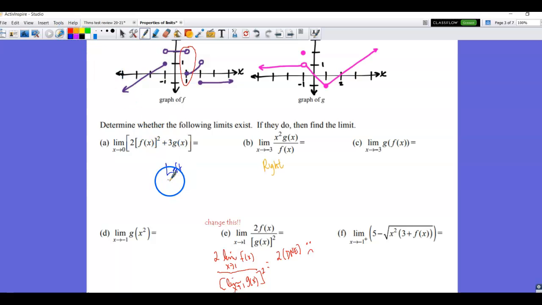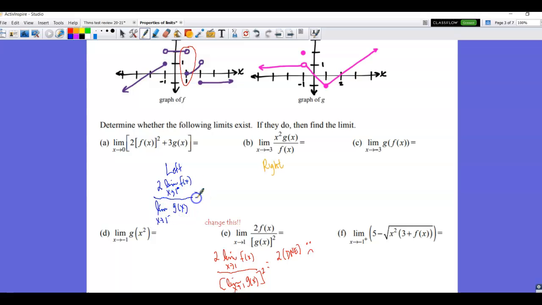So if we approach from the left-hand side, we're basically doing the same thing, except we're going to have 2 times the limit as x approaches 1 from the left side of f of x divided by the limit as x approaches 1 from the left side of g of x.